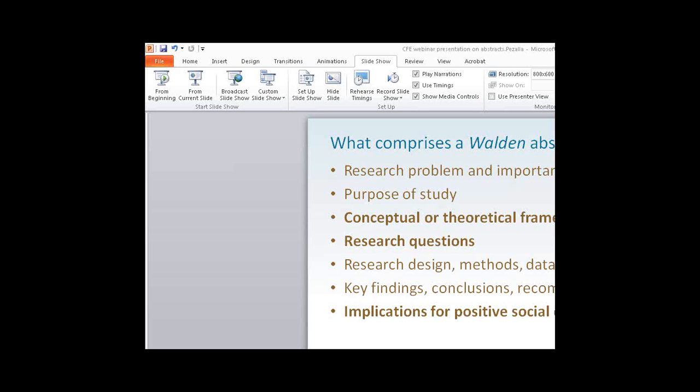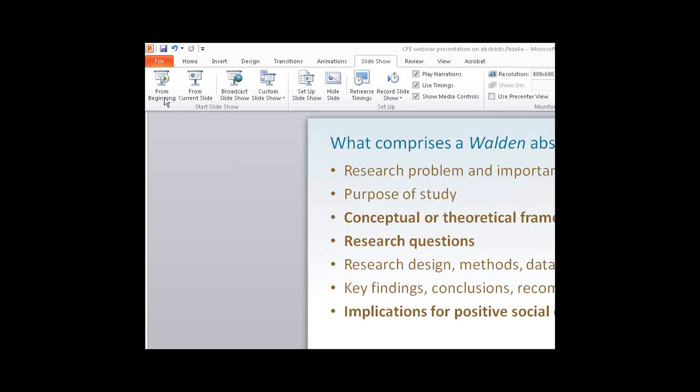So instead of saying, thanks Christopher, so instead of saying, this research study examined the question, what is the relationship between exposure of sunlight and mental health, question mark, it would need to be rephrased as, this research study examined the relationship between exposure to sunlight and mental health, period. No question mark should be added. So that's a unique component of the Walden abstract.